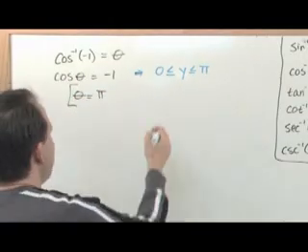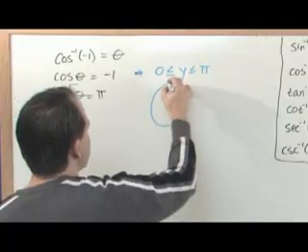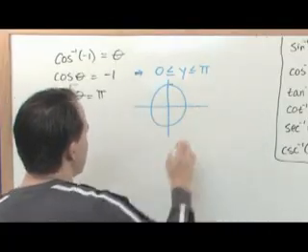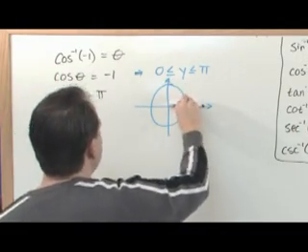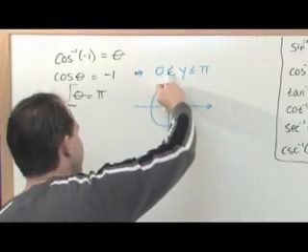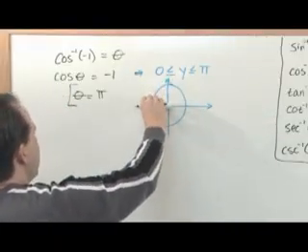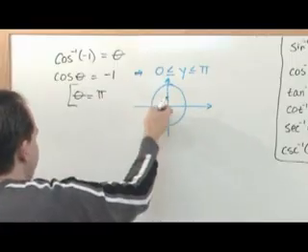And the reason it's going to be pi is if you just go back and look at your unit circle, that we've all come to know and love. This is 0 radians. This is pi over 2 radians, and this is 2 pi over 2 radians. 2 pi over 2 reduces to pi, right?